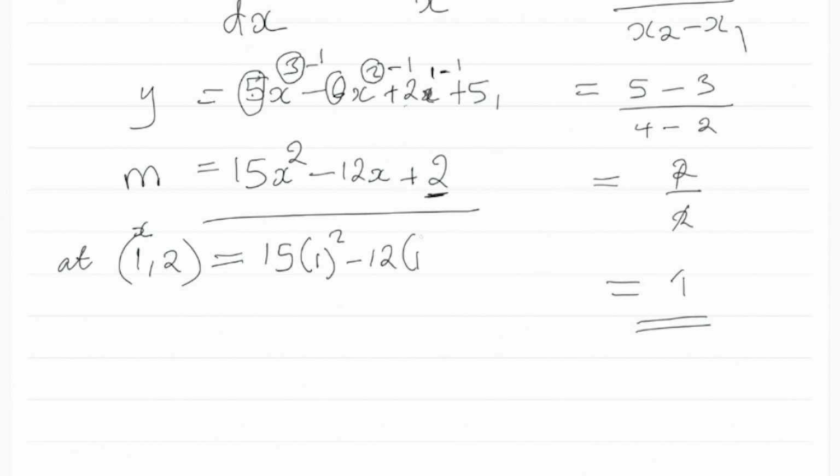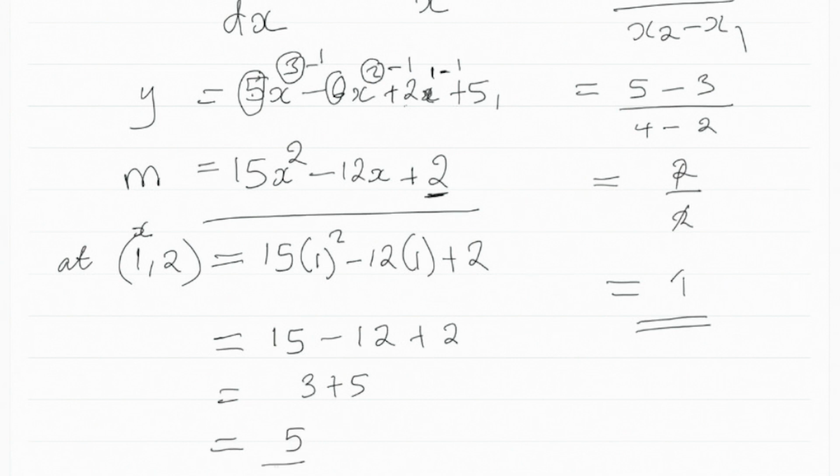When you expand and simplify everything, you are going to have 15 minus 12 plus 2. And 15 minus 12 gives you 3 plus 2. So you are going to have 3 plus 2. And the gradient of the curve at a point 1, 2 is 5.